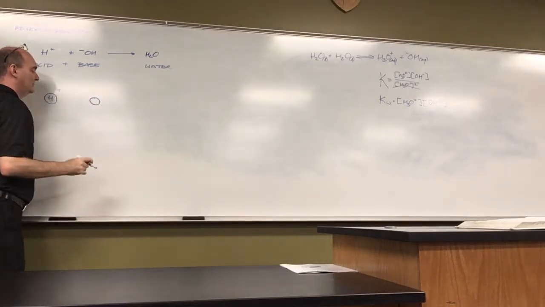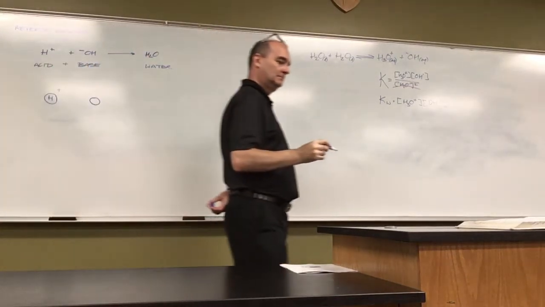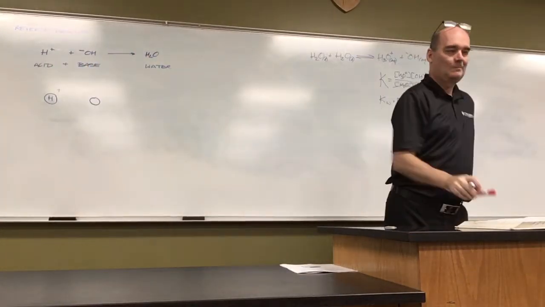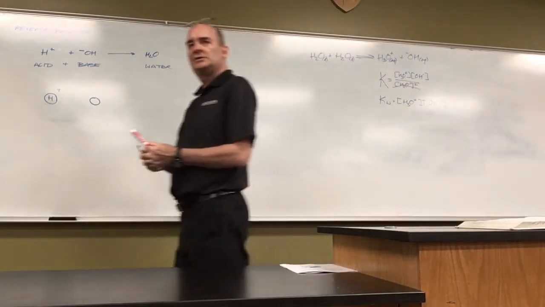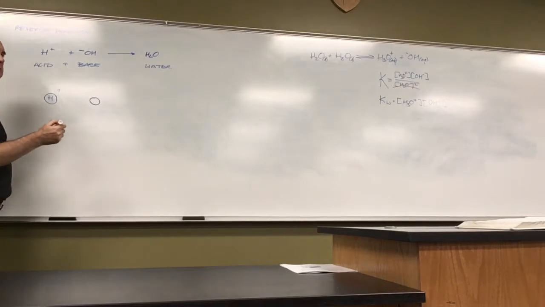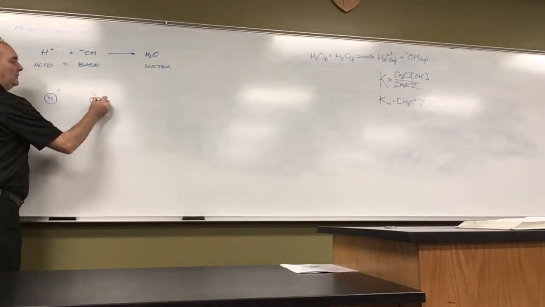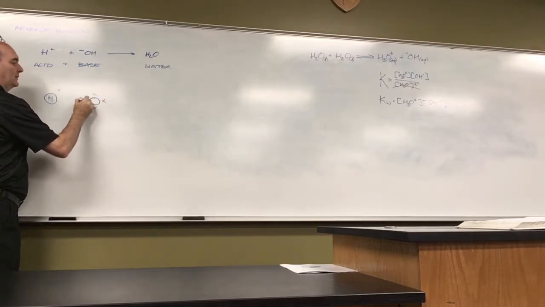Here is an oxygen. How many electrons does oxygen have in its valency? Group 6. 1, 2, 3, 4.